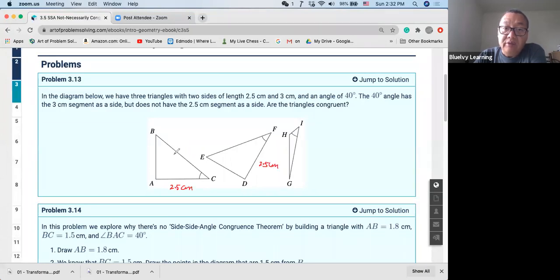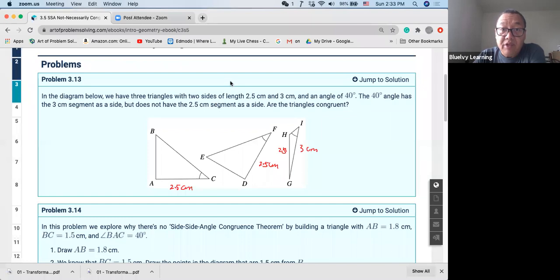Now let's see, we have 2 sides. One is 2.5, and another side is 3 centimeter.